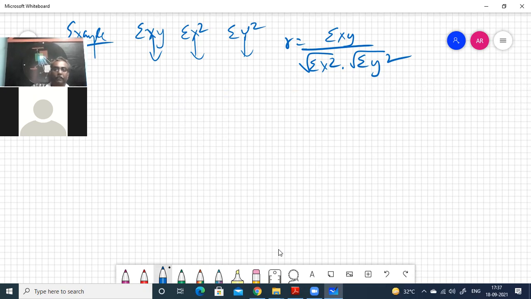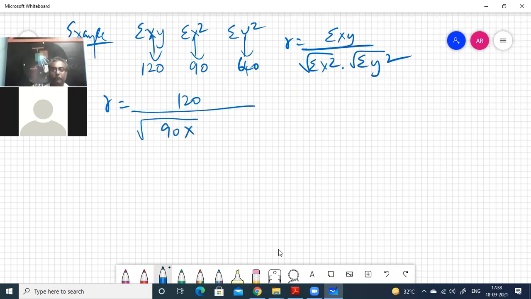So you have to choose this formula here. r is equal to sigma xy over root of sigma x squared into root of sigma y squared. What is sigma xy? 120. What is sigma x squared? 90. What is sigma y squared? 640. They are given. So very simple. r is equal to sigma xy, 120, divided by root of 90 into 640.